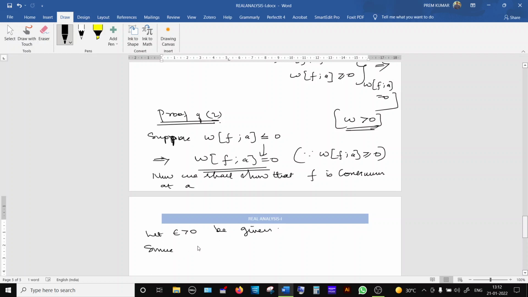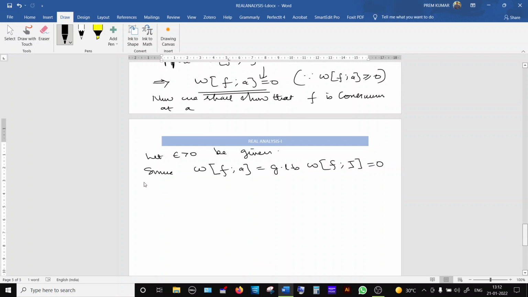Since the oscillation of f at the point a is usually given by the GLB of all the oscillations of the function f over J, and just now we assumed that this is 0, so now the GLB of all the oscillations over J happens to be 0.